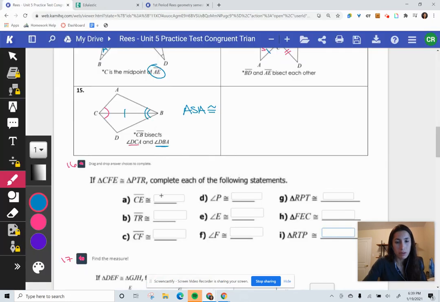Okay, so now I'm going to look at, we've got our congruent statement. So this is question number 16. So we have triangle CFE, the order that those letters are in should be matched up.